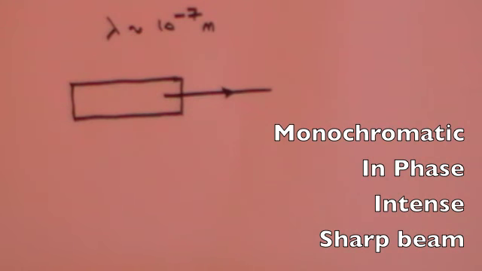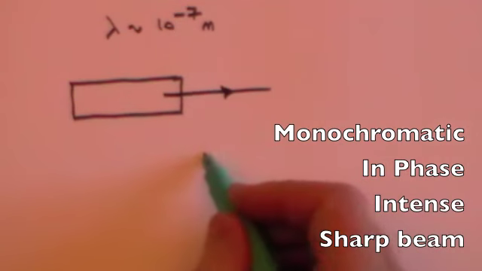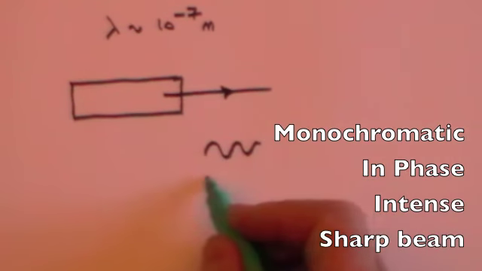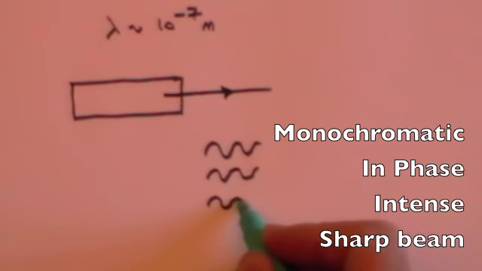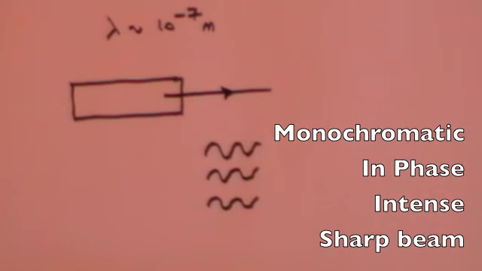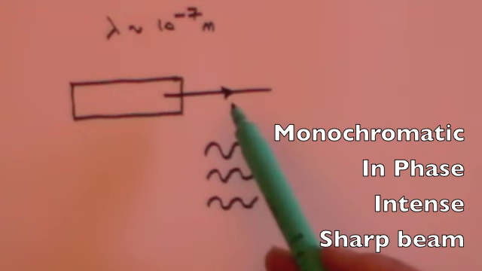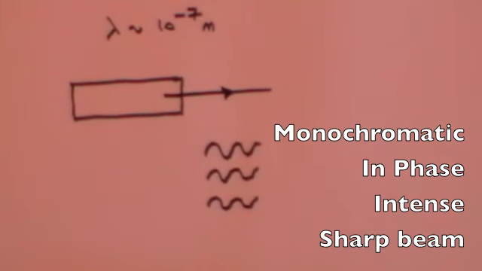You'll often find red light lasers. Secondly, it is all what's called in phase. All the waves are oscillating in phase. Thirdly, it's often very intense. And fourthly, there's a very sharp beam.